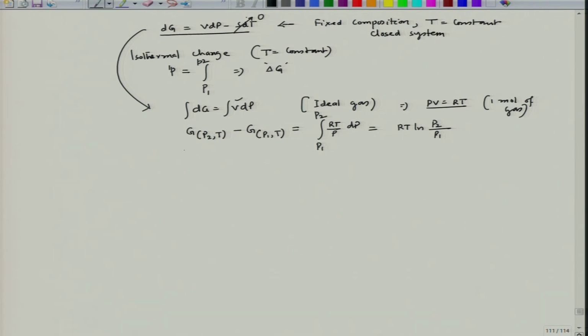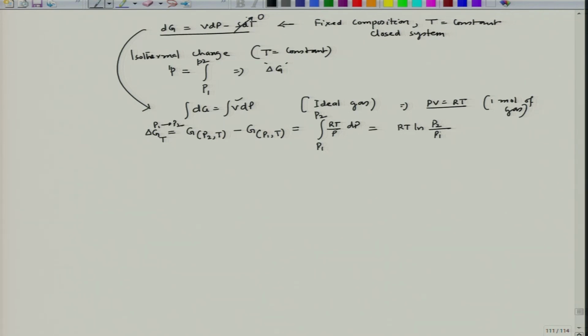So that means we need to know both the pressures and find this difference, which is nothing but delta G from P1 to P2 at a constant temperature.